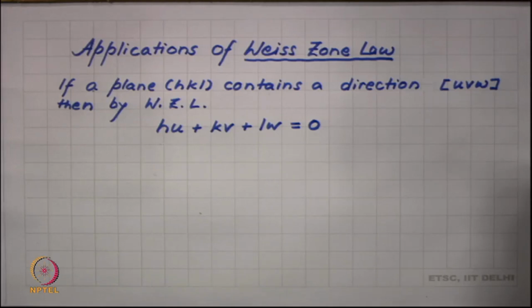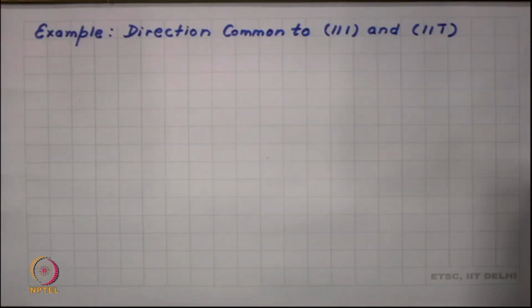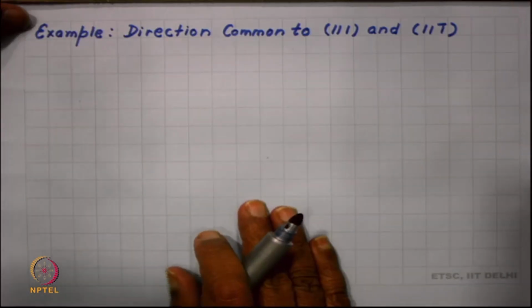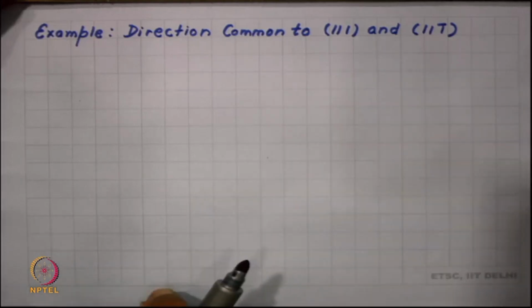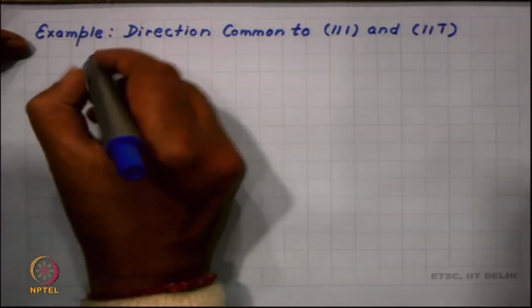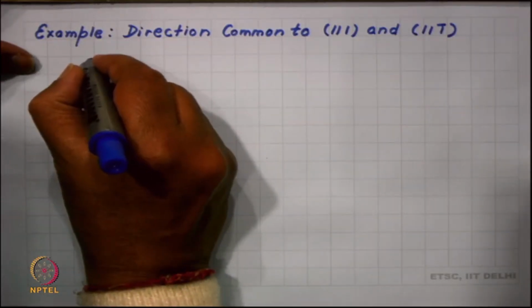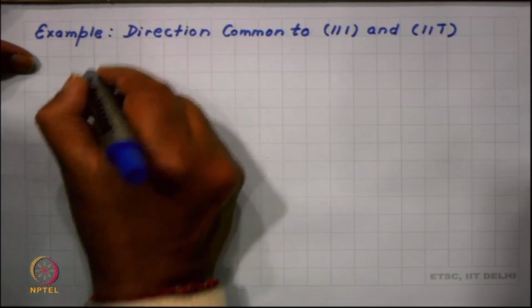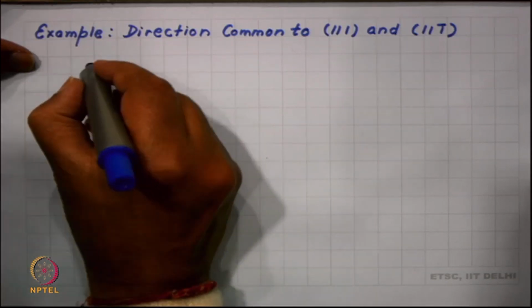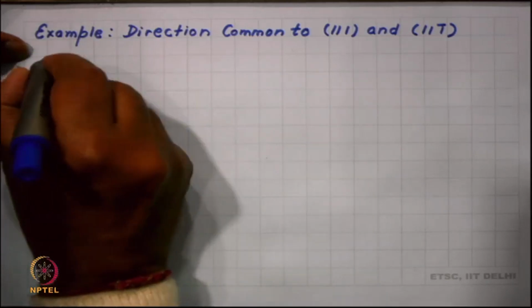We will take as an example the problem of trying to find a common direction. So, a direction common to the (111) plane and the (1 1 bar 1) plane. So, I have been given two planes and I want to find a common direction. I will do it two ways.